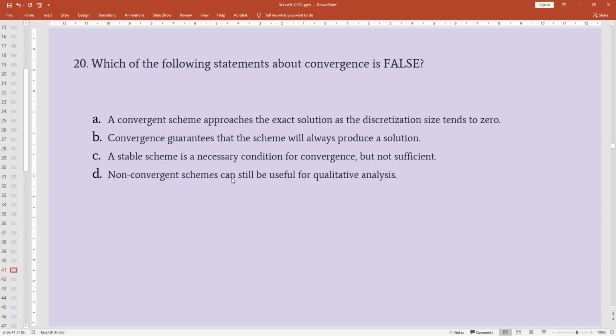Option C, a stable scheme is a necessary condition for convergence but not sufficient. Option D, a non-convergent scheme can still be useful for qualitative analysis. The concept is the same. The question is about convergence, but it is good from the aspect of the options given. Try to answer the questions.